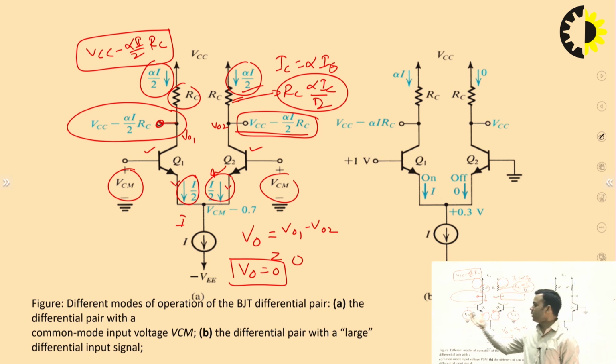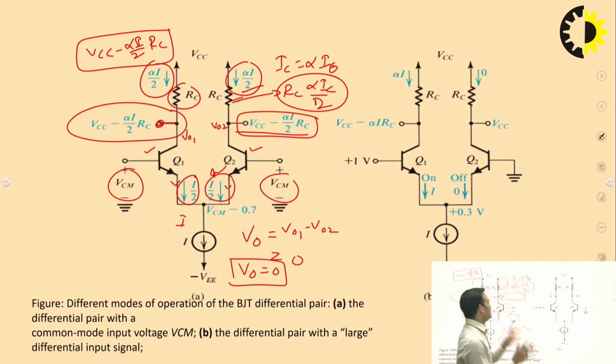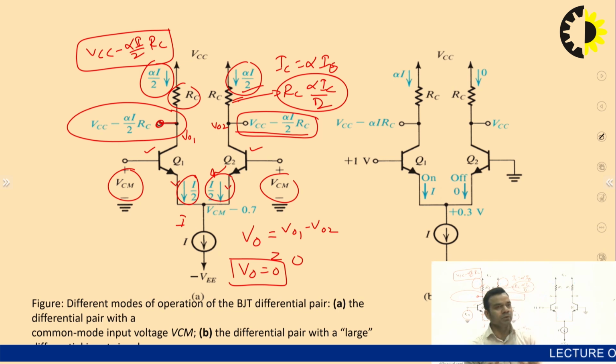Noise will affect equally to both the transistors. That means output noise will be 0. It will be either internally generated noise or other kind of noise. So whenever noise will affect these two inputs, that means at the input noise is there, but at the output noise will be 0. So this is the advantage.